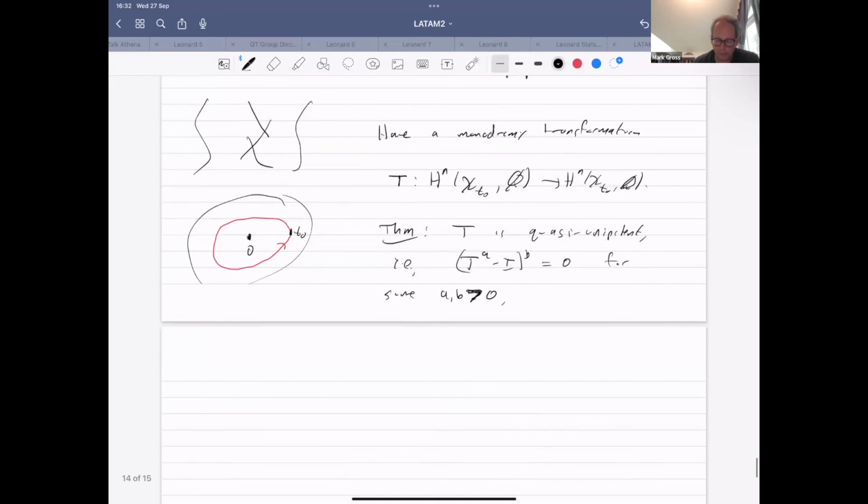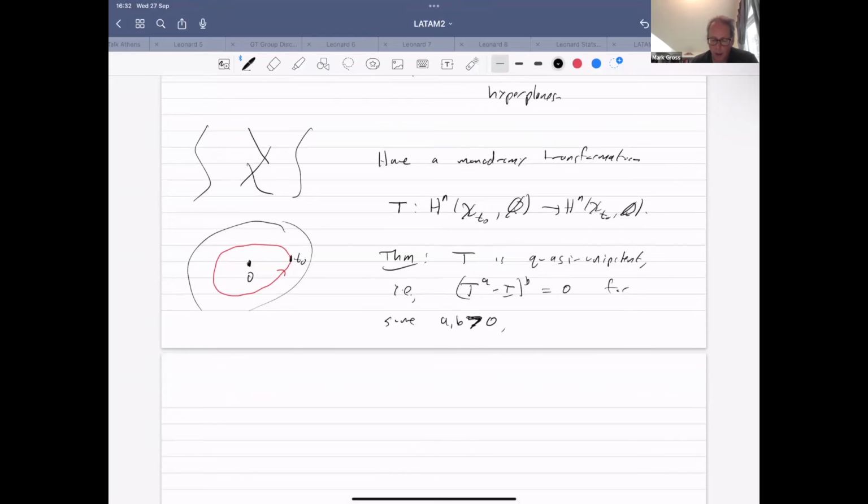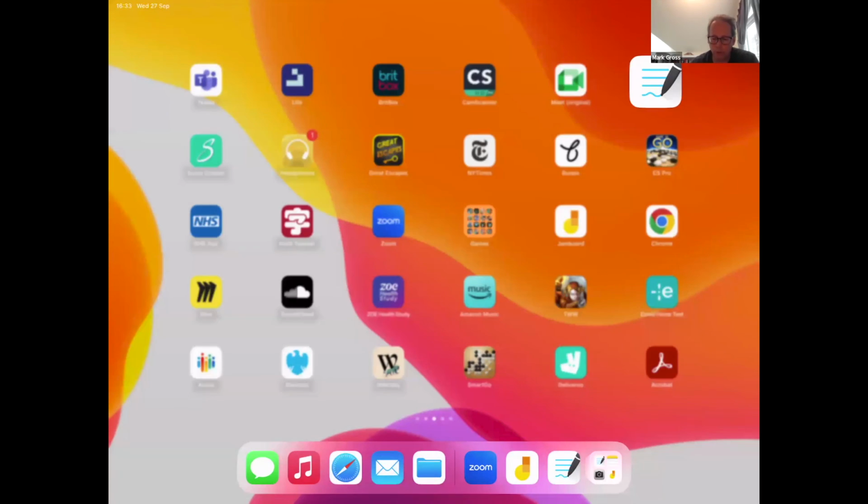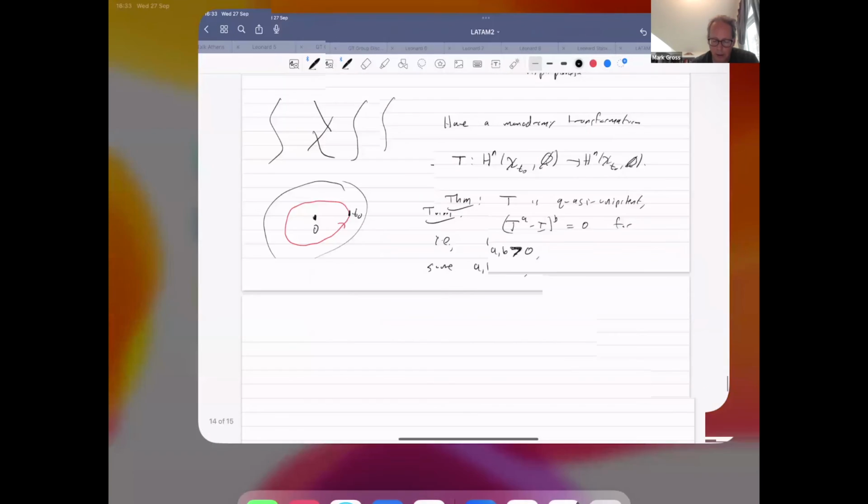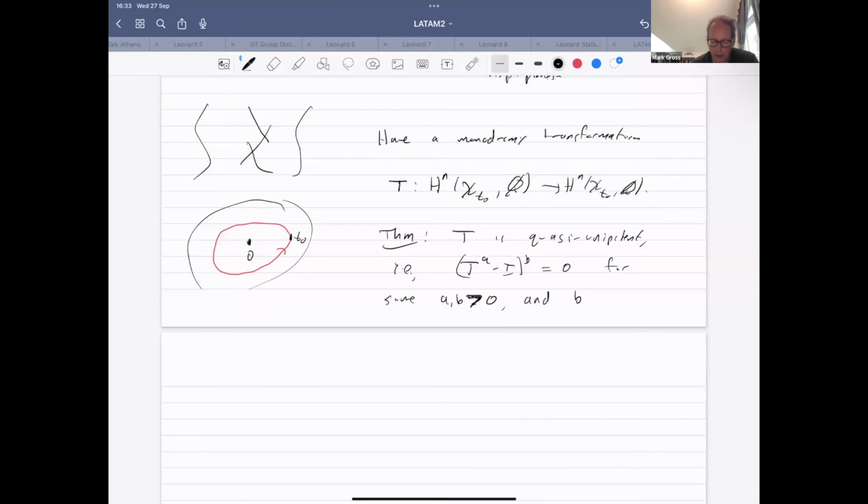And B is always less than or equal to the dimension of X_t0 plus 1. So it is at most one more than the dimension.